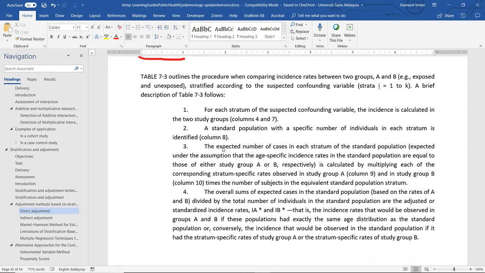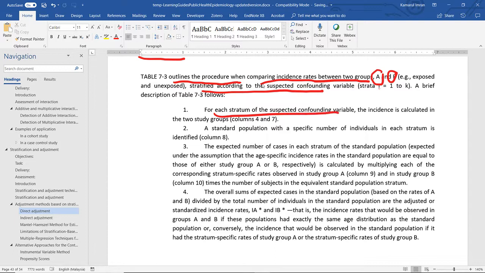In table 7.3, it outlines the procedure to compare incidence rate between two groups, A and B, which is exposed and non-exposed, and then stratify by the suspected confounding, right? For each stratum of the suspected confounding variable, you calculate the incidence, then you choose a standard population with a specific number of individuals in column 8.